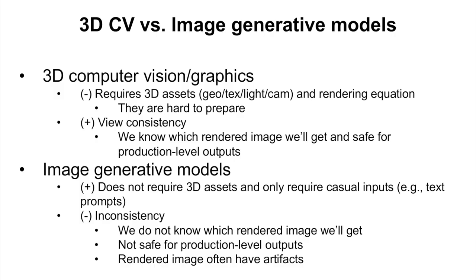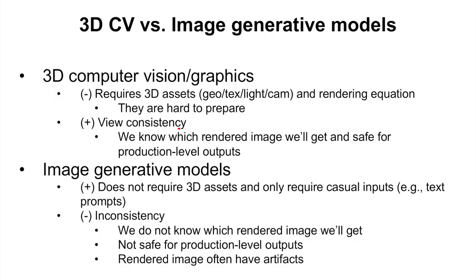That makes data collection quite expensive and non-trivial. But the good point is view consistency. Everything is consistent. We know what will happen when we render images from a certain camera pose. Mathematically, it is guaranteed that we will get some images. So we know which rendered image we will get, and it is safe for production-level outputs.